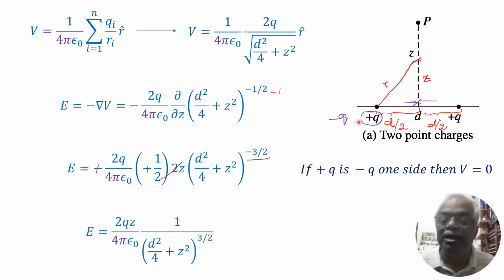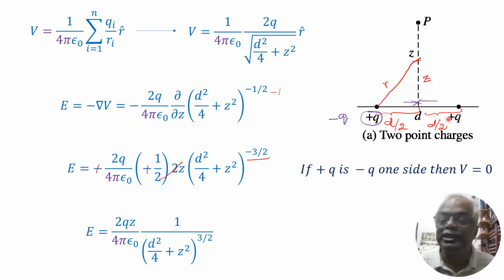Now, what will happen if it is minus q? In the previous case, the parallel component existed, but in this case the parallel component also gets cancelled.